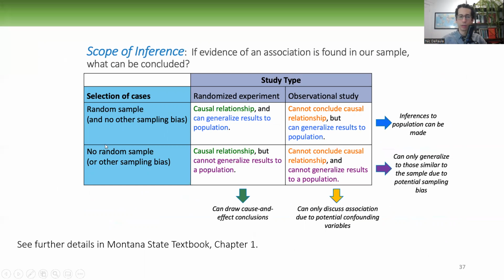Random sampling is really important, and it helps us determine causal relationships and generalize our sample information to a population. And whether or not we have an experimental study or an observational study is also going to impact whether we can generalize and identify causal relationships, or we cannot do any of these things.